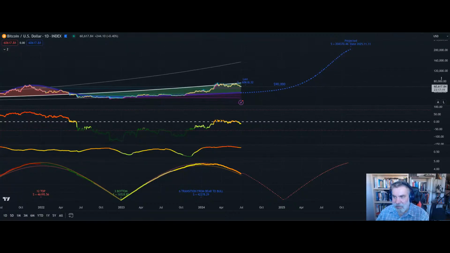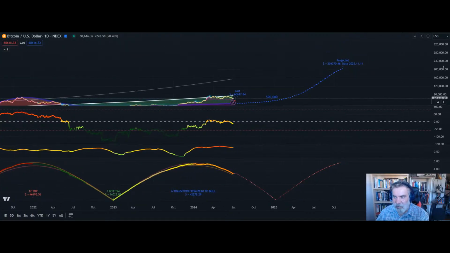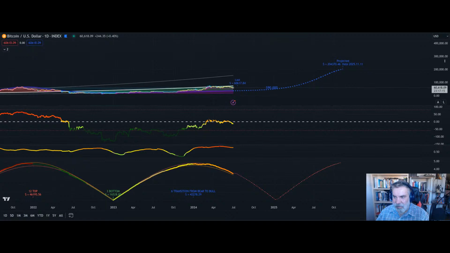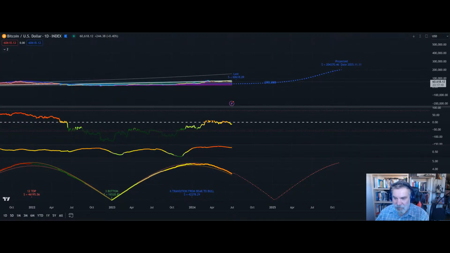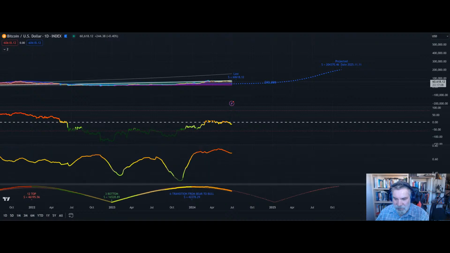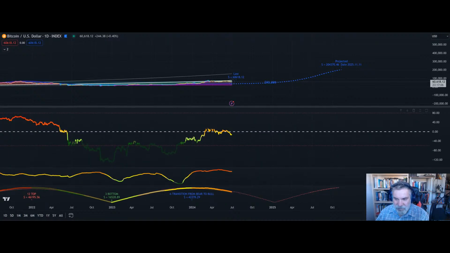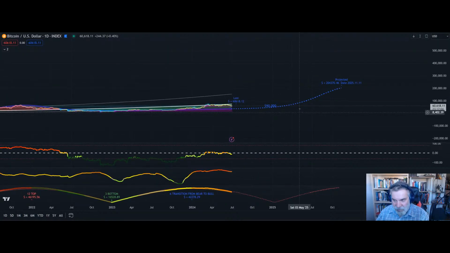And in fact, for the S2F faithful, if you think that S2F has a chance, let me show you where that will be. It's kind of interesting to see. I mention S2F because there are still a lot of people believing in that model.